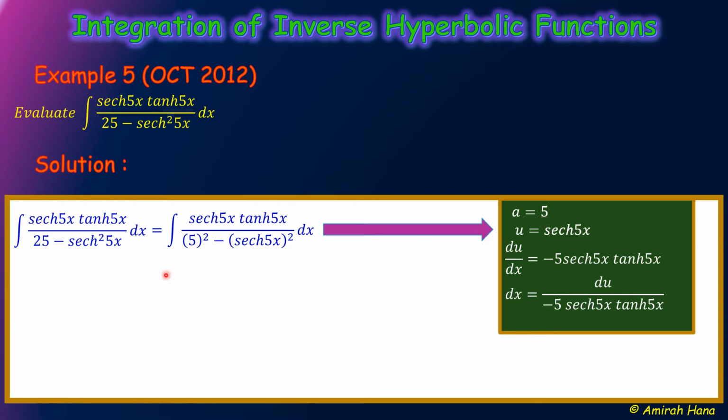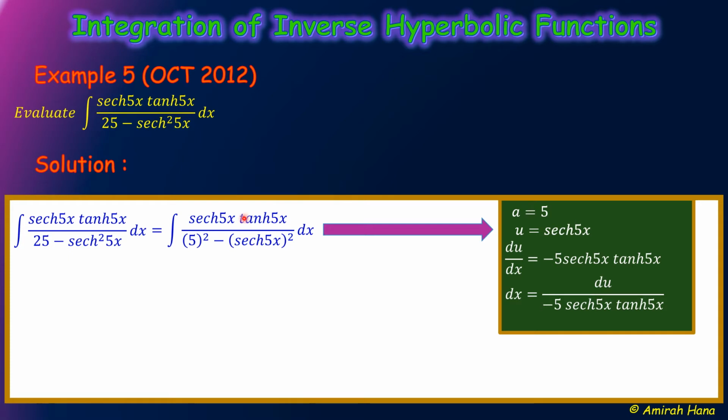Now our a is 5, and we choose u equals sec 5x, because du over dx is negative 5 sec 5x tan 5x, and this function appears in the numerator.